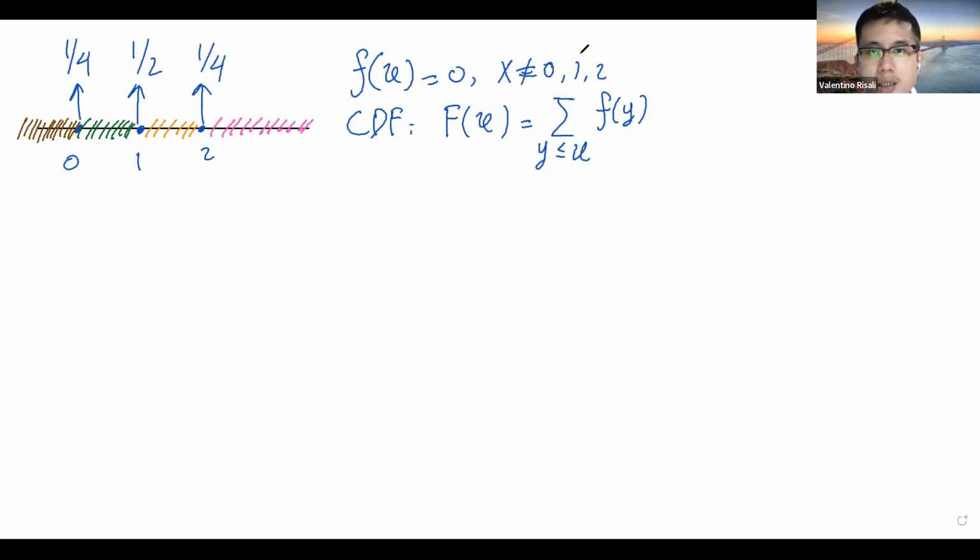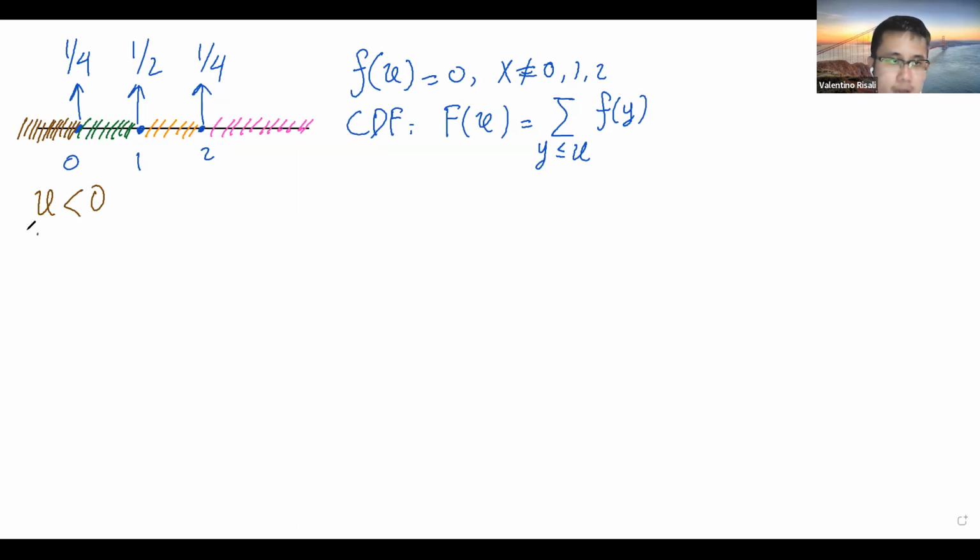We will find the CDF for at least 4 cases. Let me start with the first case, that is the case x is less than 0.